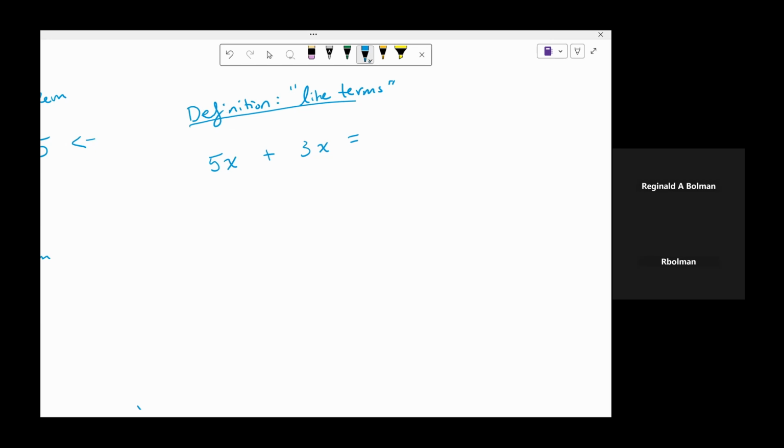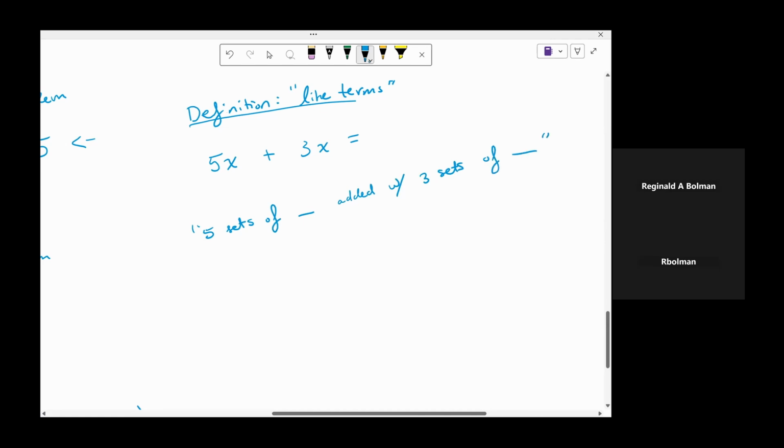Instead of saying 5 times a number, I could say 5 sets of some quantity added with 3 sets of some other quantity.